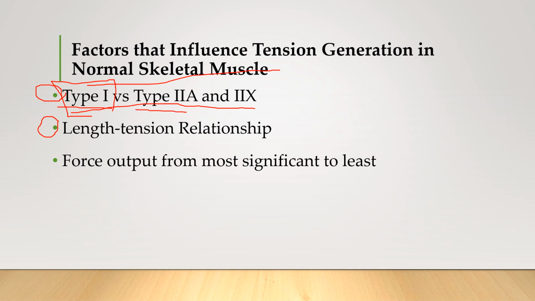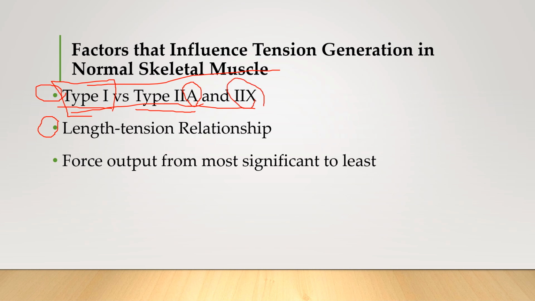Our type 2A fibers kind of have characteristics of both type 1 and type 2. Type 2 are explosive, fast twitch muscle fibers. And again, type 2A in particular is very special because it has both type 1 and type 2 characteristics. So it's going to produce power, but it's going to be more resistant to fatigue than these type 2X fibers. So it's going to be explosive and resist fatigue.